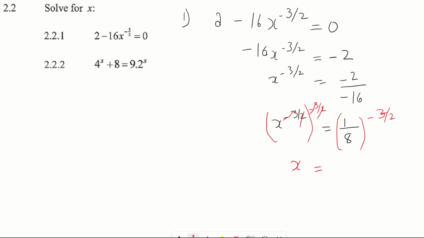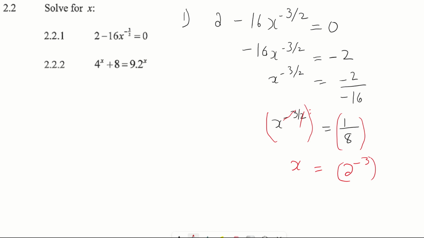I also know that 8 can be rewritten as 2 to the power minus 3, and then this is raised to negative 3 over 2. Once I've got that, we are multiplying by the reciprocal.